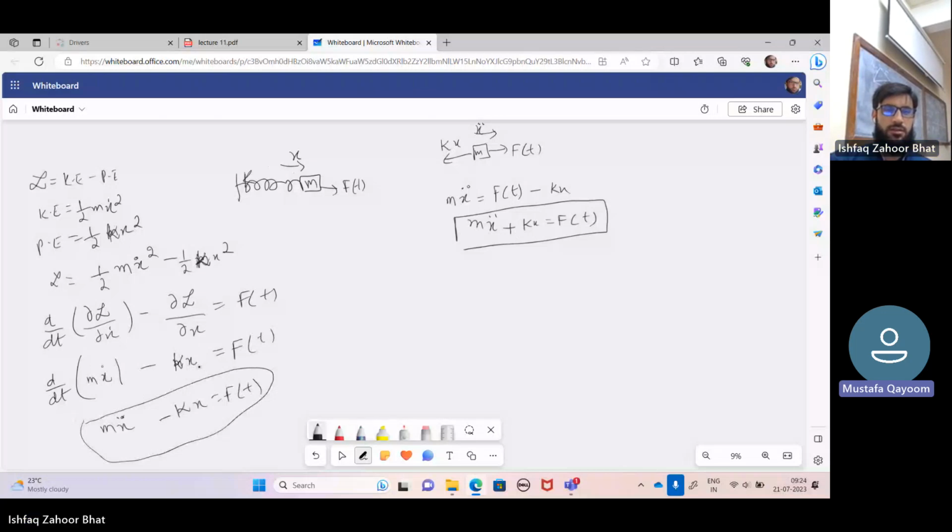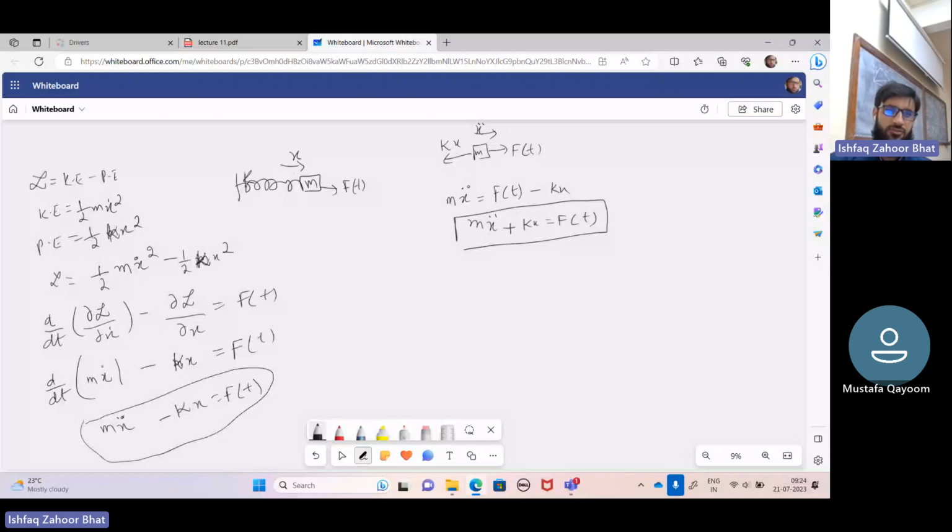Potential energy is negative, sir. I think potential energy is negative. One half of kx square is negative in direction. Okay, so do you mean that it is something bounding?